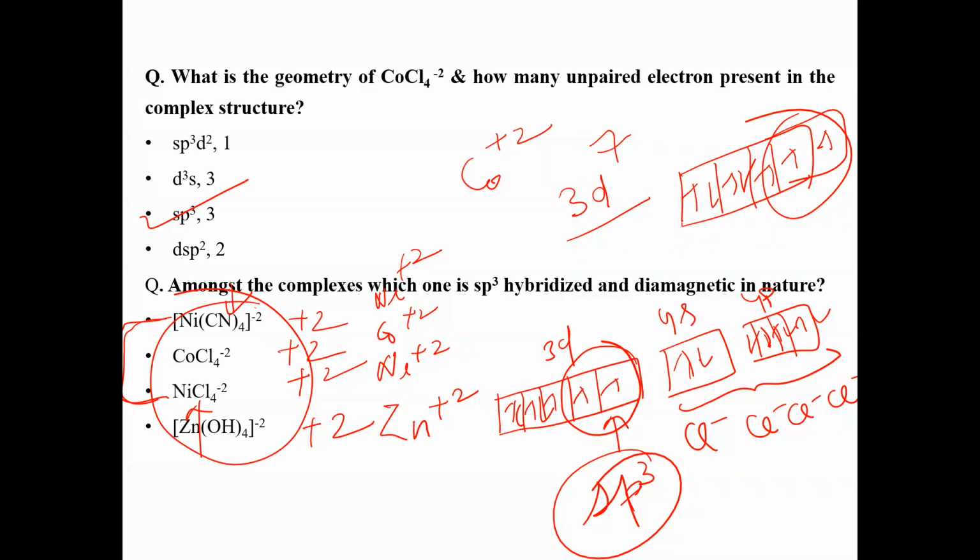So as I have already indicated in the last slides, it is dsp2 hybridized. So it will be square planar, and it is not sp3 hybridized. And if I talk about this one, that will have 3d7, right?